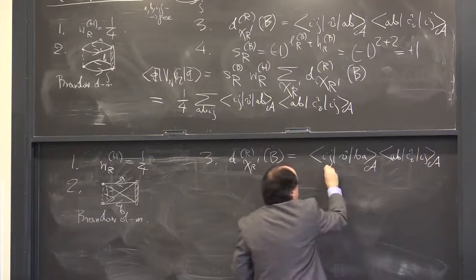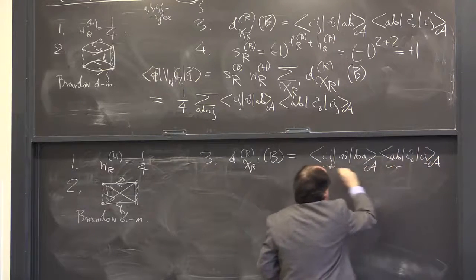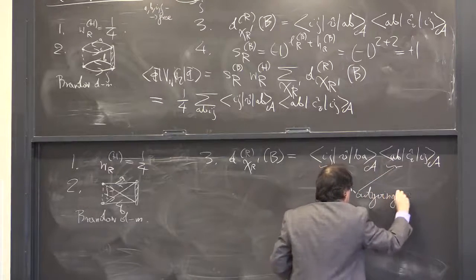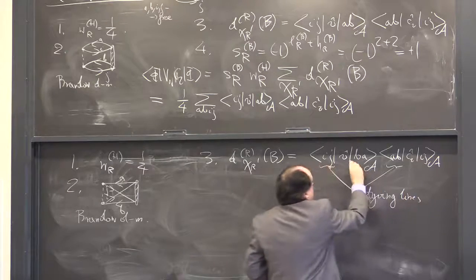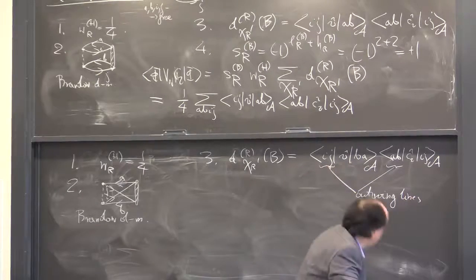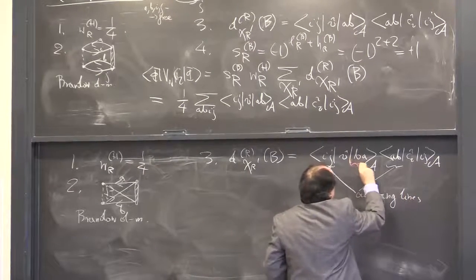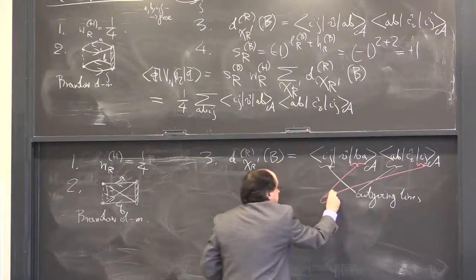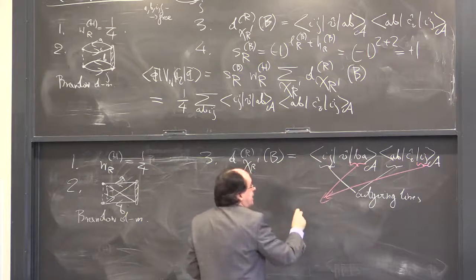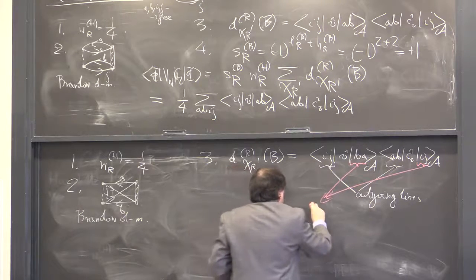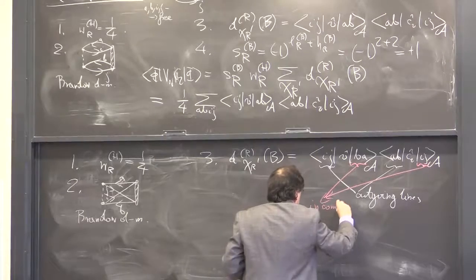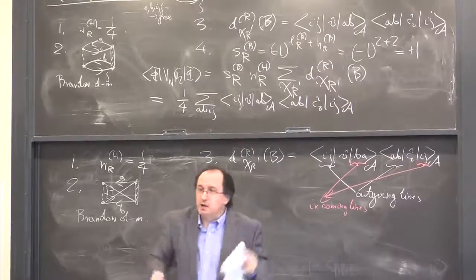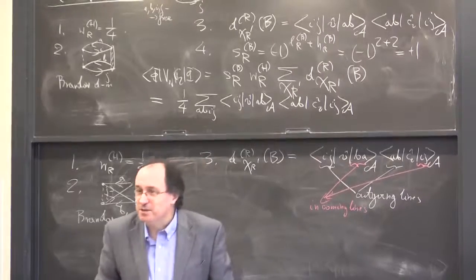So please remember, for these and for these, we're still following the same recipe. Outgoing lines, or maybe I'll use some color here, for the ket indices, and I'll still use the incoming lines. And so it looks like Goldstone, except for the A symbols.